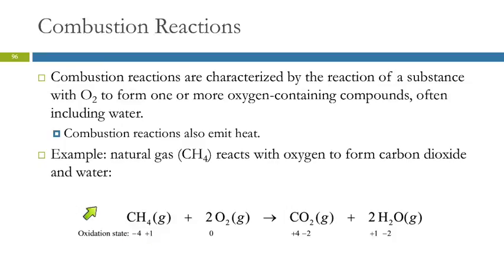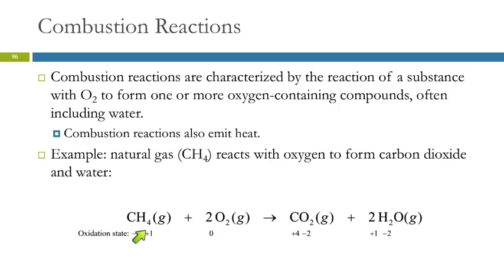So methane is the primary component of natural gas. It reacts with oxygen in a combustion reaction, and the products are going to be carbon dioxide and water. And if we look at the oxidation states, here they did it for us because we've had enough practice right now. The carbon went from -4 to +4. It went up.